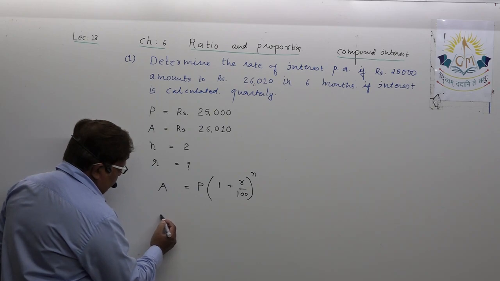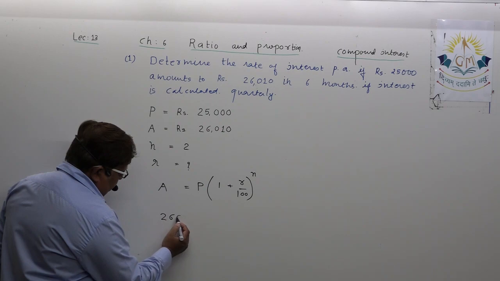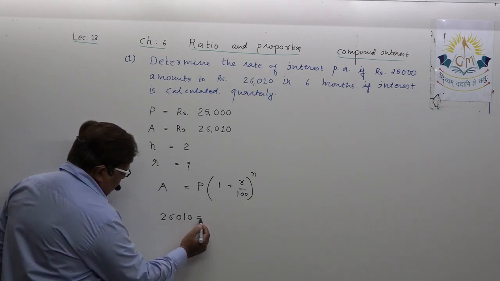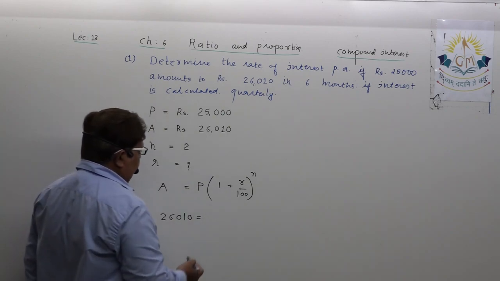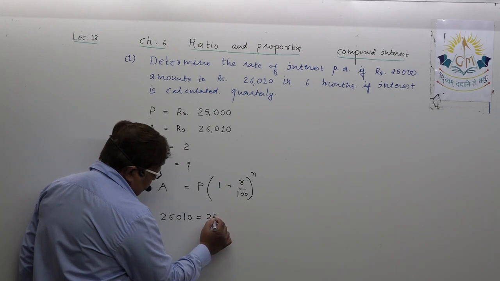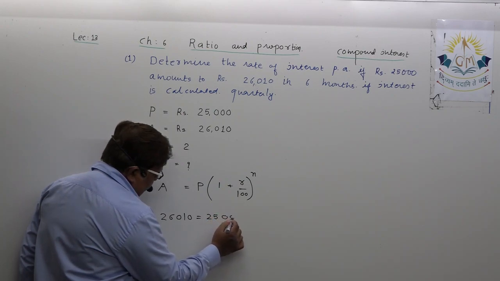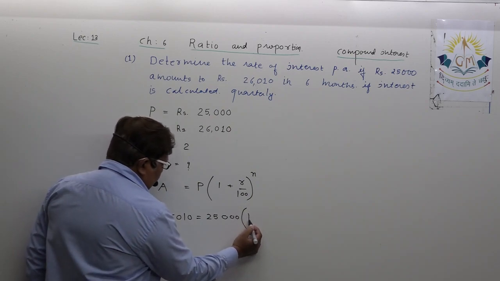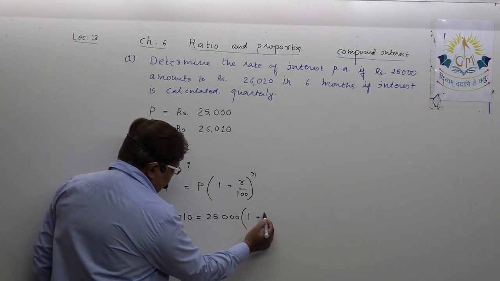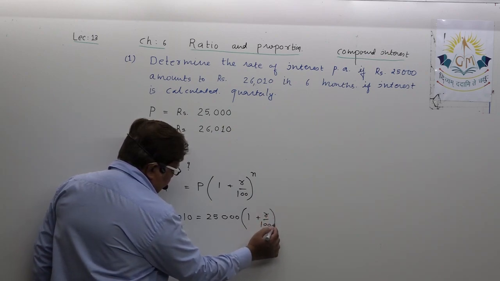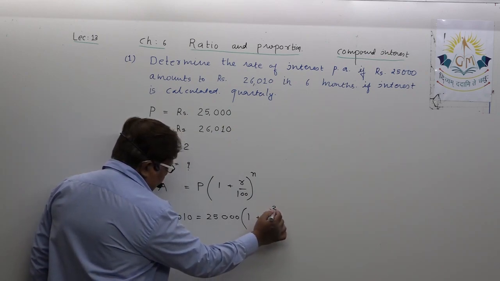Instead of amount, I have to write 26010 is equal to, instead of principal, 25,000 times 1 plus R upon 100 raised to the power of 2.